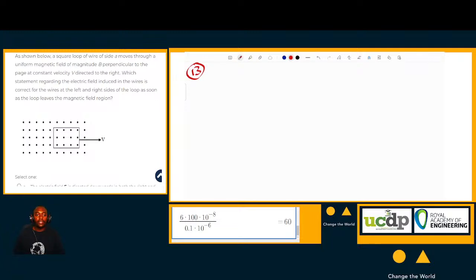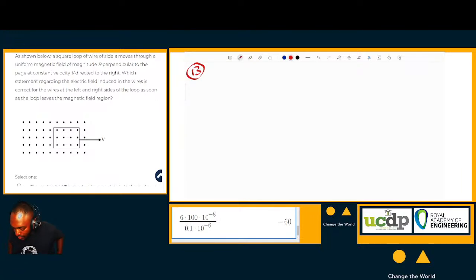It says, as shown below, the loop of wire moves through a uniform magnetic field B perpendicular to the page at constant velocity directed towards the right. Which statement regarding the electric field induced in the wires is correct for the wires at the right and left side of the loop as soon as the loop leaves the region?